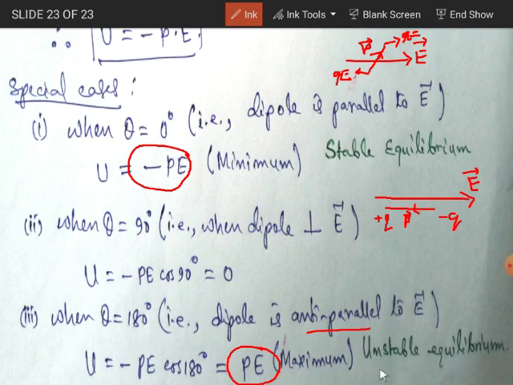So before winding up our class, let me give you one example. One very famous example for unstable and stable equilibrium. Now if you take a funnel upside down like this, okay, upside down in this manner, then in another case, you take the same funnel in this manner.